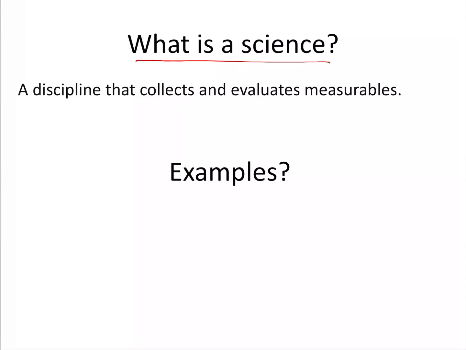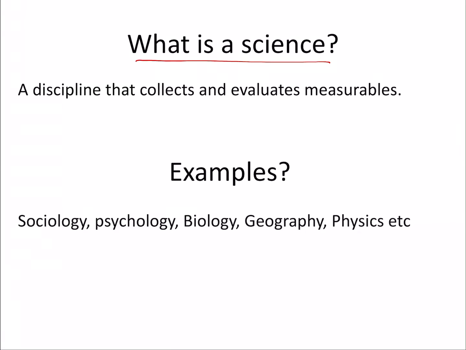Any discipline that collects and evaluates measurables. If you can measure something, if it's being collected and studied, you're in a science. Example, sociology, psychology, biology, geography, physics, etc., gerontology as well. If you can collect measurable data, you're involved in a science.